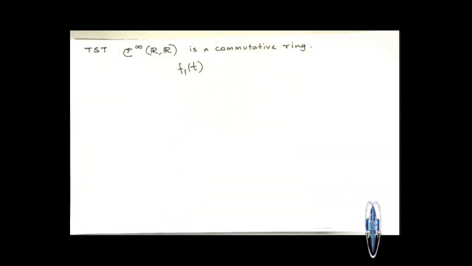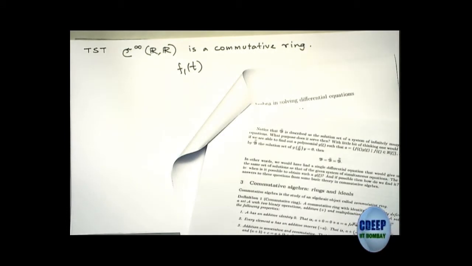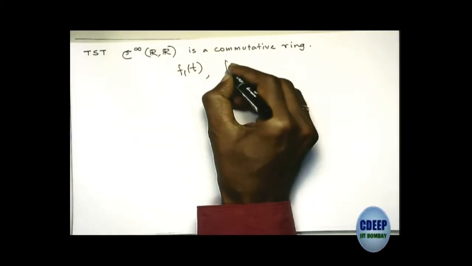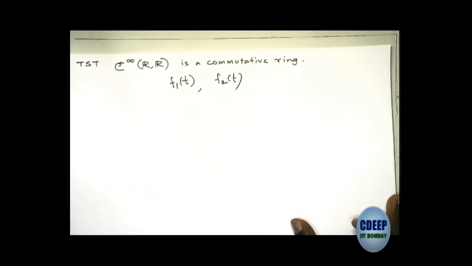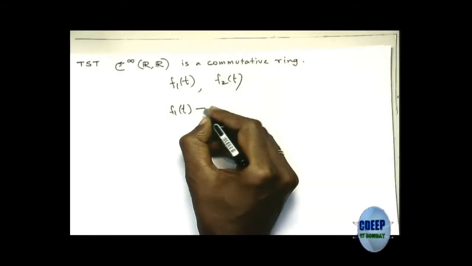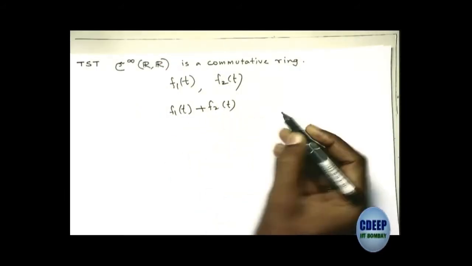Sir, you would like to come and share? I will be taking two functions, f1(t) and f2(t). I am considering these two functions are continuous functions. So the first property, that is addition of two continuous functions, whatever sir said, if we add two continuous functions, we get a continuous function.